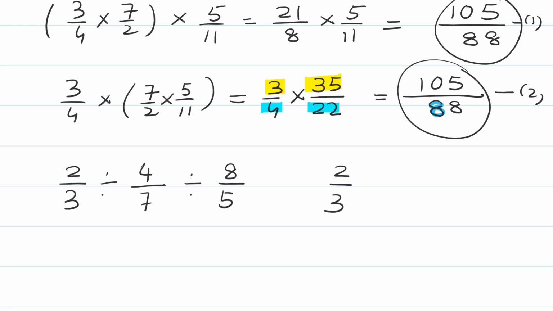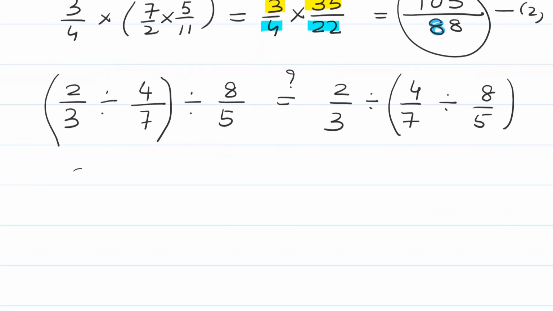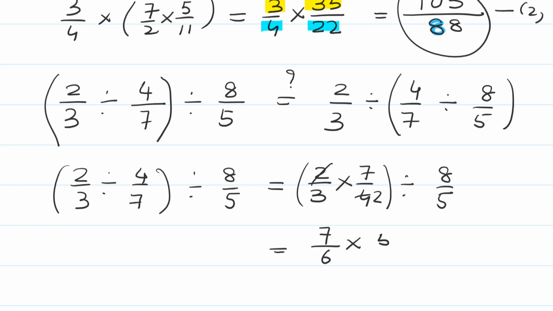Consider three numbers 2 by 3, 4 by 7 and 8 by 5, and form groups and compare. 2 by 3 divided by 4 by 7, divided by 8 by 5, is equivalent to 2 by 3 into, to divide is to multiply by the reciprocal, 7 by 6 into 5 by 8.